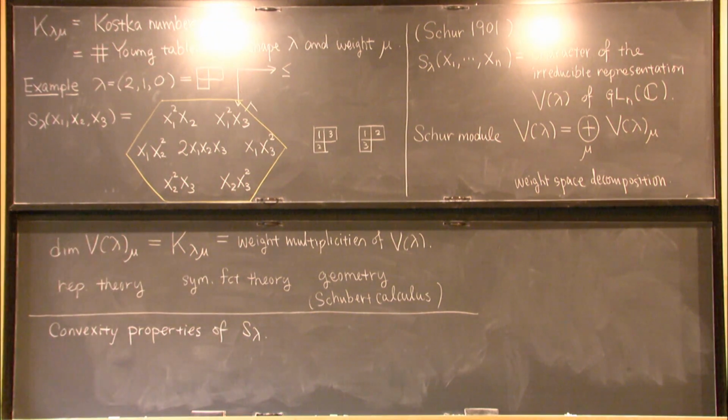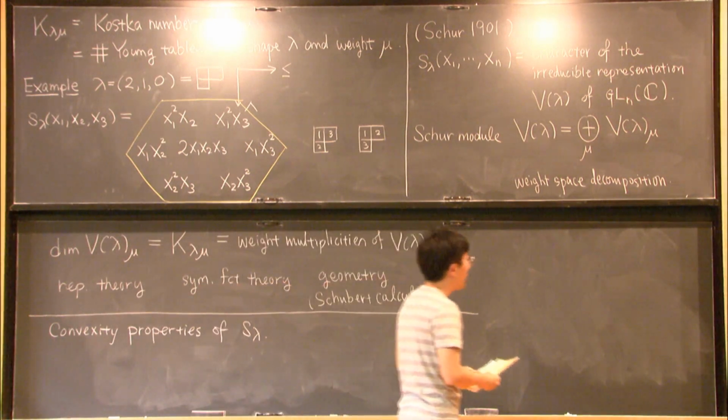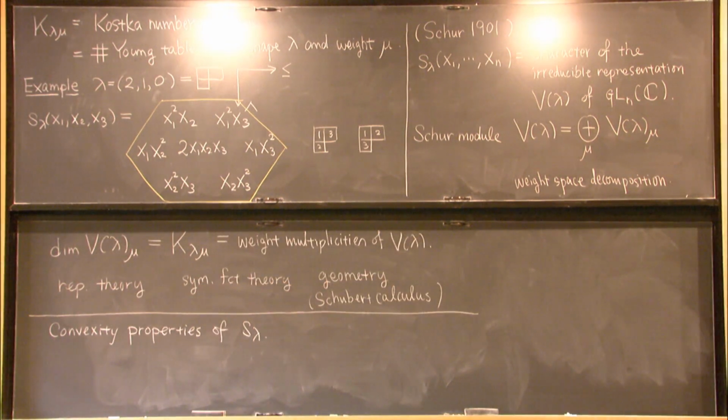It was noticed from very early on that there is something very convex about S lambda, although it was not so easy to precisely formulate what we mean by that. So first of all, let's think about the Newton polytope.